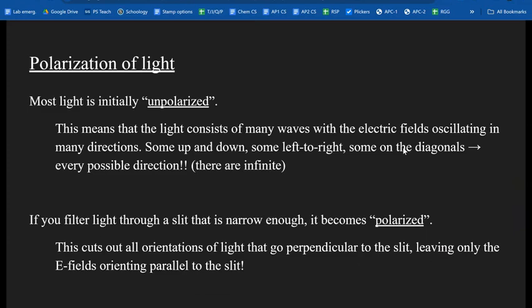And then if we have something that's a narrow enough slit, it's called polarized. Essentially, it needs to be thin enough that one wave's amplitude can't pass through it. So for light, that is absolutely tiny because light has very small amplitudes.